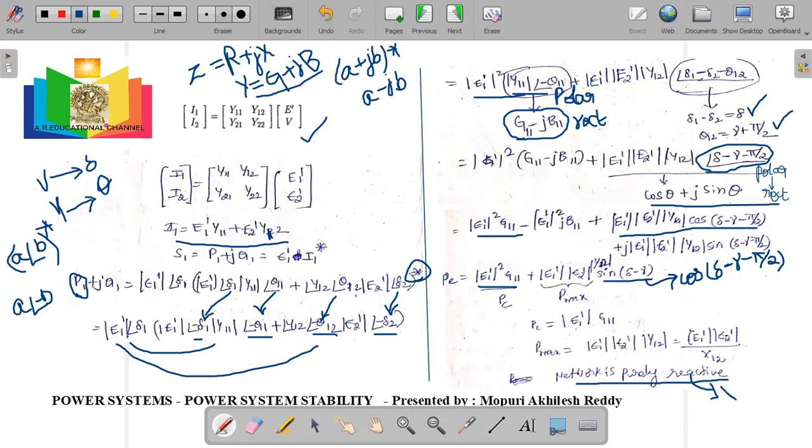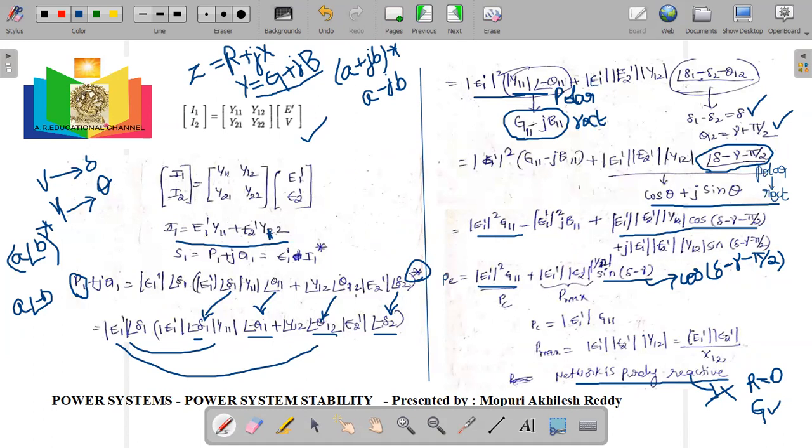Reactive means X. That means network is purely reactive means R is equal to 0. When R is equal to 0, what is the inverse of R? G. So G will be neglected. Why? Because when we have only reactive terms, its corresponding inverse B will be present in the admittance and G is neglected.